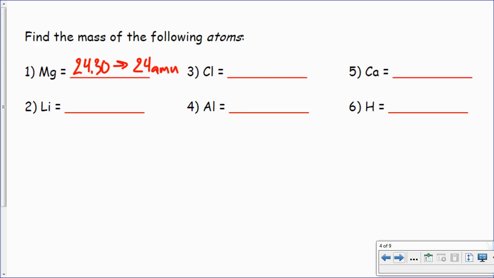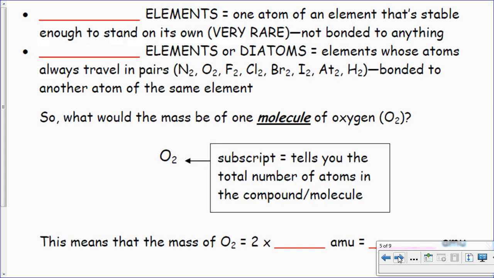Okay. For aluminum, 26.98 rounds up to 27, and we put AMU on it. So all of these ones are up to you to find their atomic masses. Keep in mind, blanks lose credit on the final check.